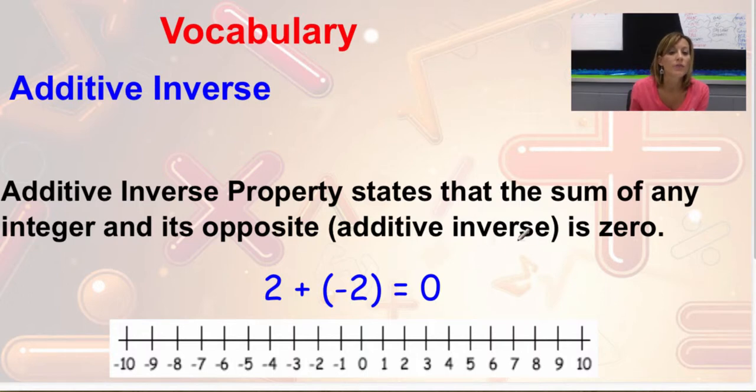So my example for this vocabulary word is that 2 and negative 2 are both the additive inverse property because 2 plus negative 2 is 0. It's kind of similar to the absolute value, but it's a property stating that the sum of any number and its opposite is always going to be 0. Okay, once you have it down, you can go ahead and press play again.